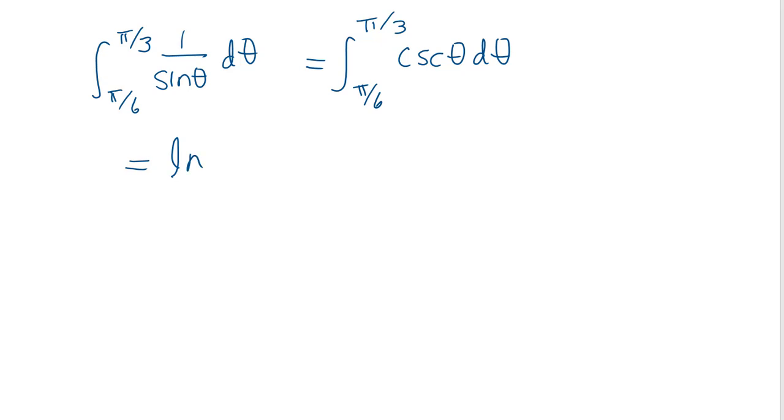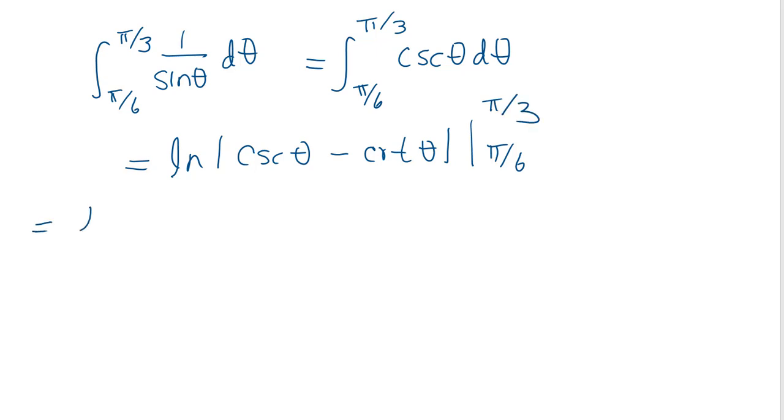The integral of cosecant theta is the natural log of the absolute value of cosecant theta minus cotangent theta, and this would be evaluated from pi over 6 to pi over 3. Let's continue.